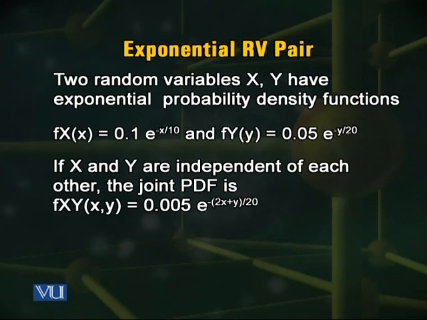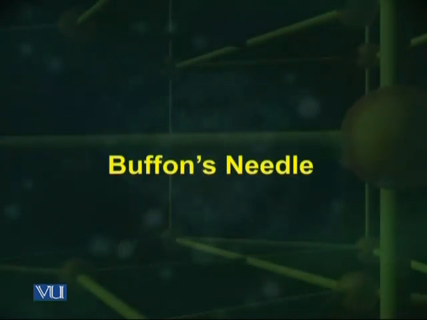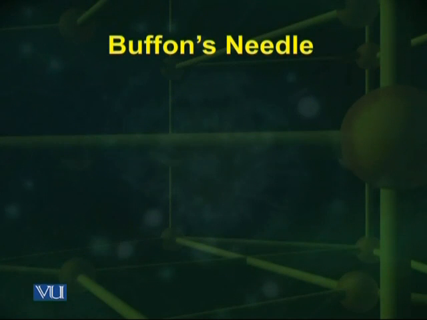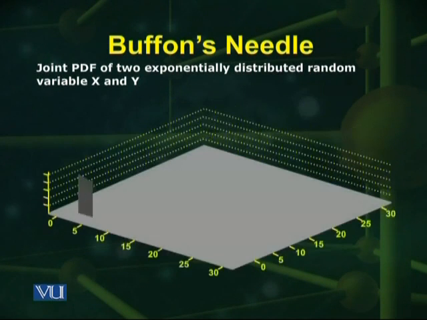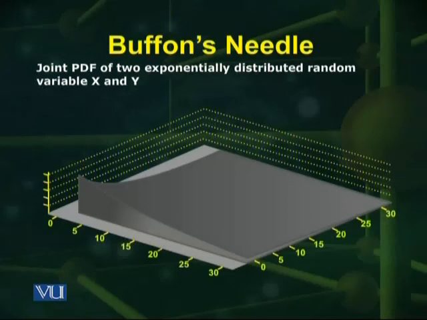This joint density, which is a function of x and y, is shown in the next slide, which you can see on your screen. On this slide, you can see that this joint density is a kind of slope defined on a square region.